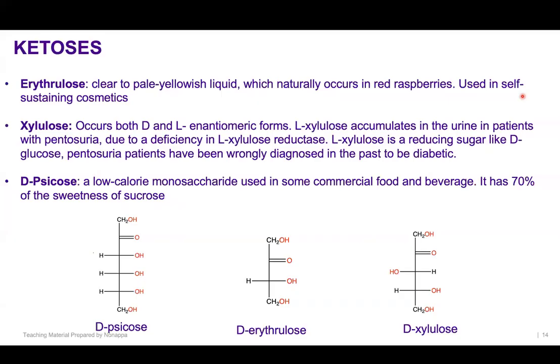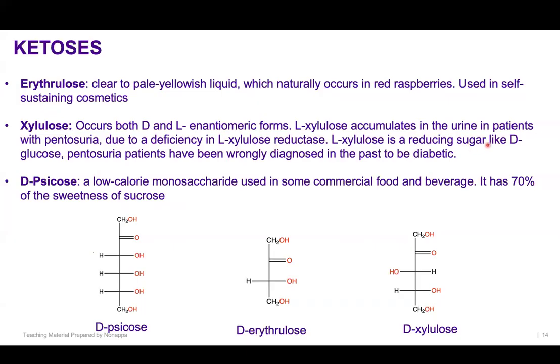It is also used in some self-tanning cosmetics. Interestingly, xylulose is present in both D and L enantiomeric forms. L-xylulose accumulates in the urine in patients with pentosuria due to a deficiency in L-xylulose reductase.